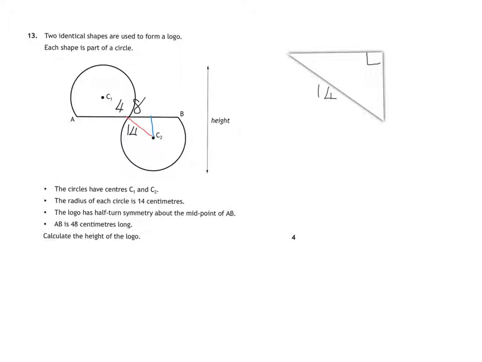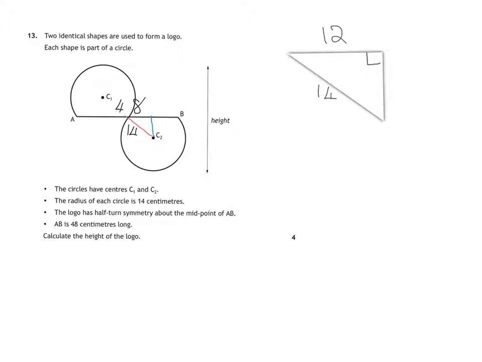So I just want this wee bitty here. The whole thing's 48. This is your halfway mark. So that's going to be half of 48, which is 24. And then we're going to half that again, because this is cutting this in half here. So this bit here is 12. So we'll shove that in.